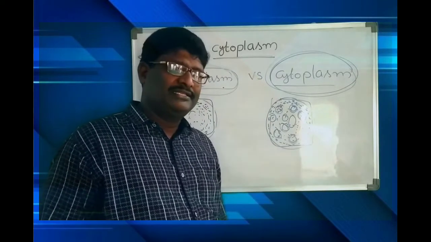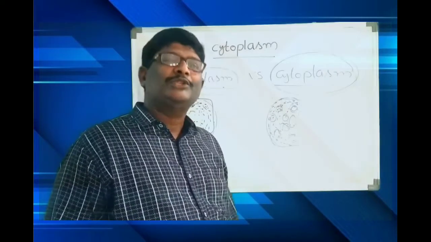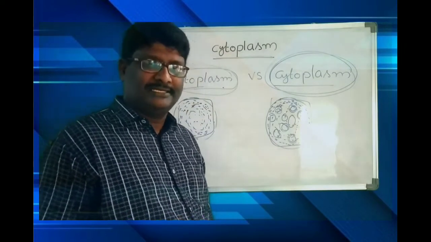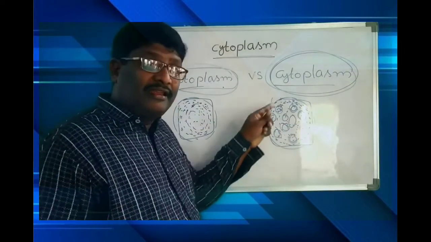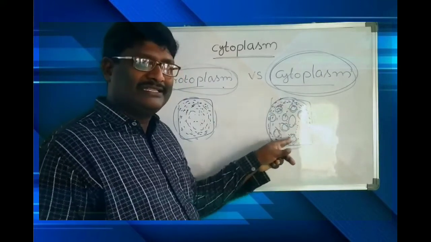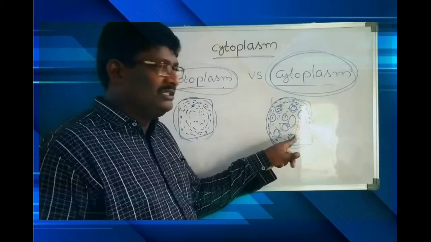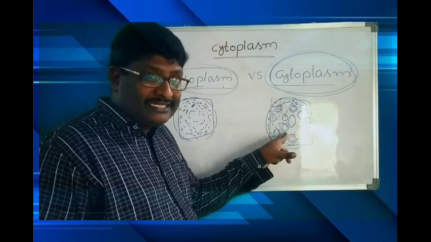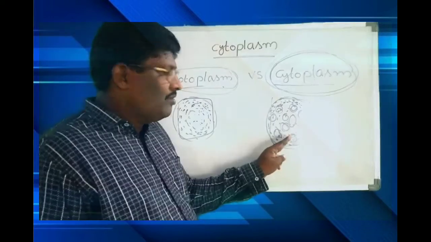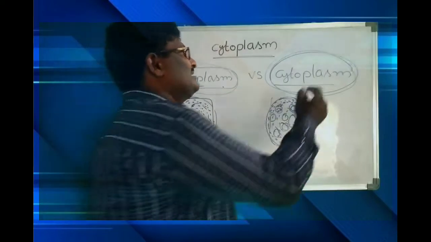Cell organelles means ribosomes, lysosomes, Golgi apparatus, nucleus, endoplasmic reticulum, vacuole. These are all cell organelles, present in the fluid-like material of the cell. So when they found the cell organelles present in the protoplasm, the name protoplasm changed to cytoplasm.